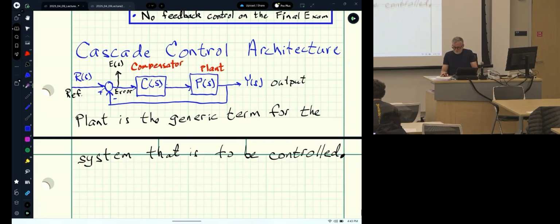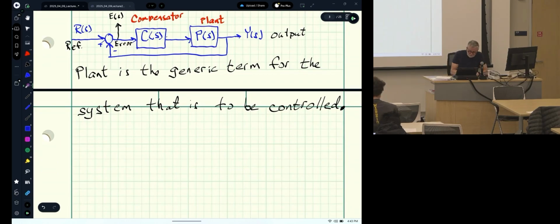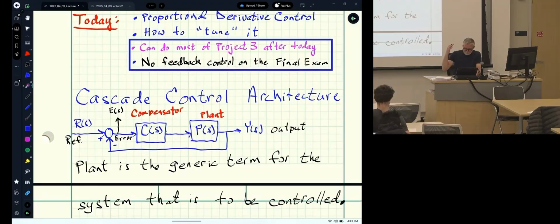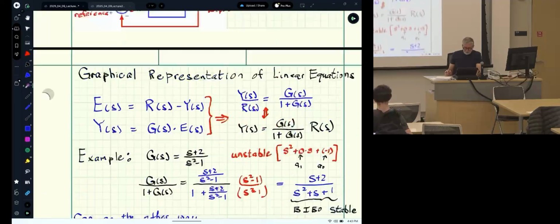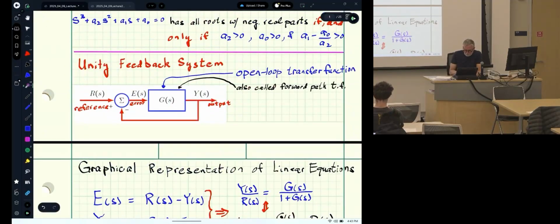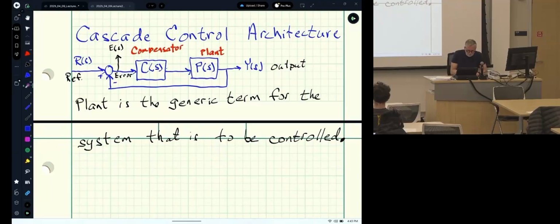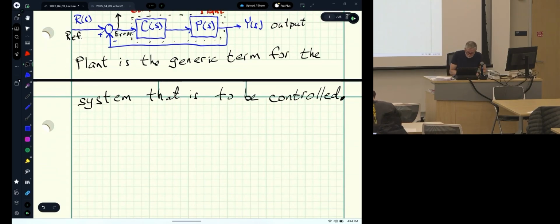Okay, so how does this relate to the feedback structure we had before? Well, you can see that G of S here, and we would have the same thing if we just treat that as a block.